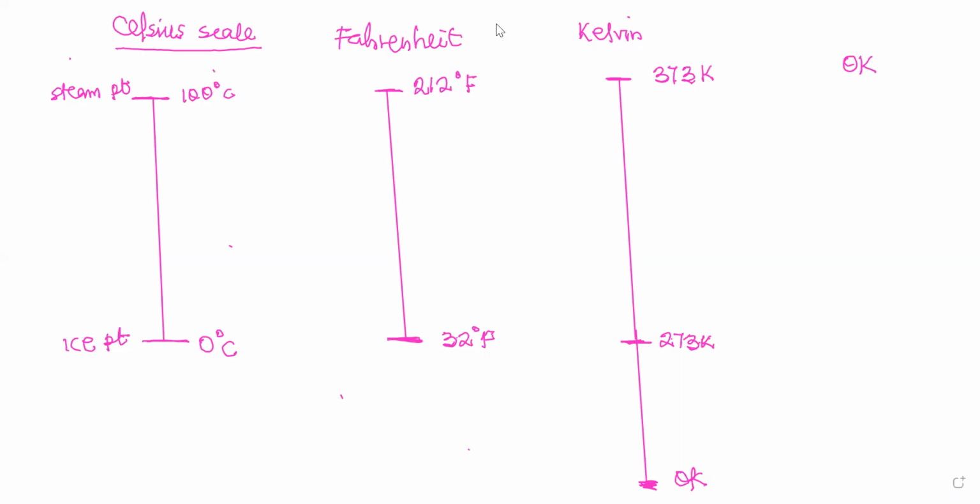So what it basically means is that when we talk about temperature, we are looking at the average kinetic energy of the molecules of a substance. When the average kinetic energy of molecules increases, their temperature would also increase. And when it decreases, temperature would also decrease.